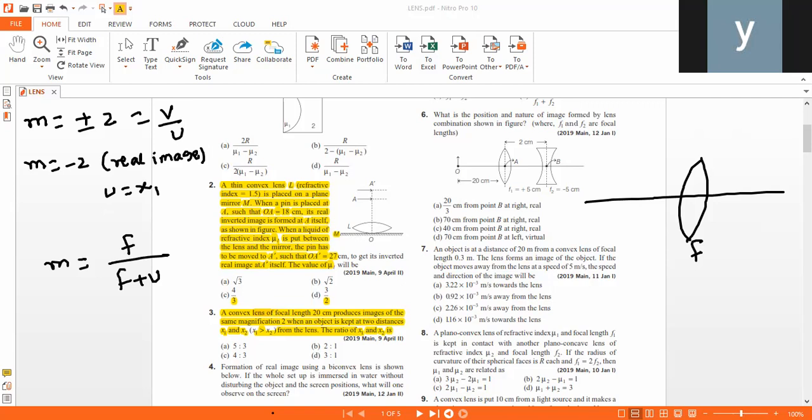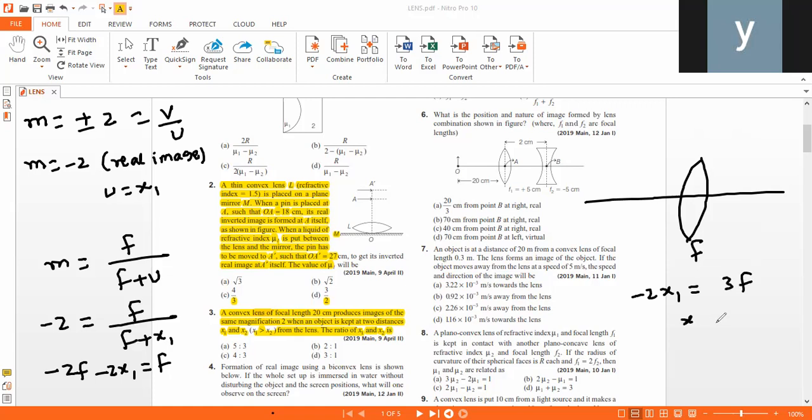Do you know this formula? Magnification minus 2 equal to f by f plus x1. So minus 2f minus 2x1 is equal to f. So we'll get minus 2x1 is equal to 3f. So x1 is equal to minus 3f by 2.